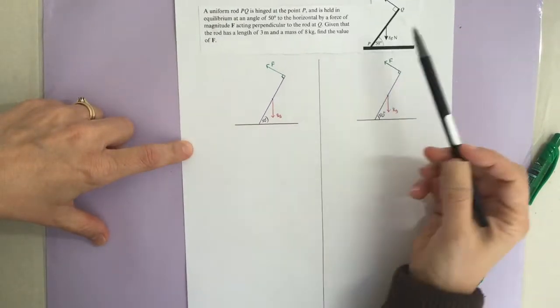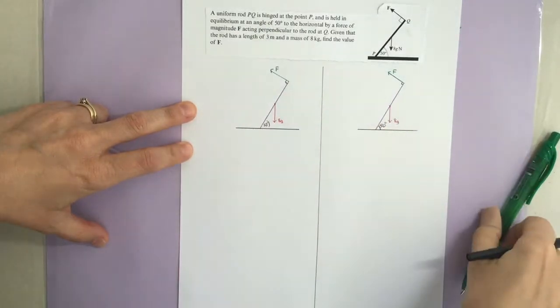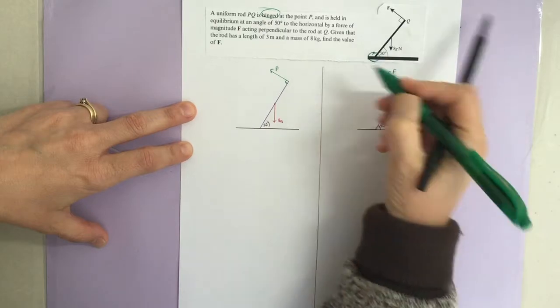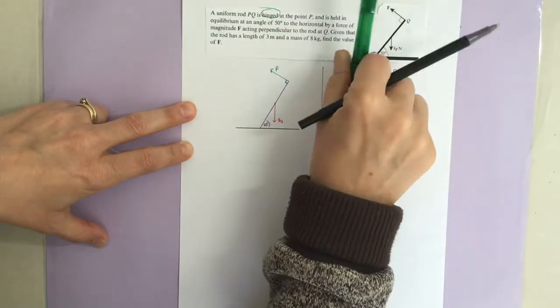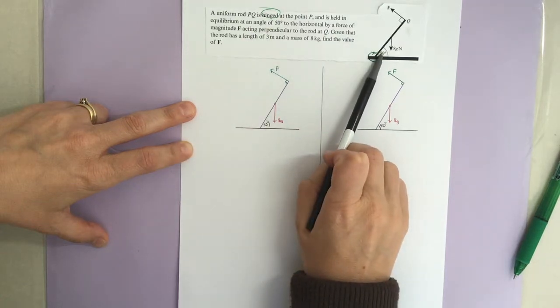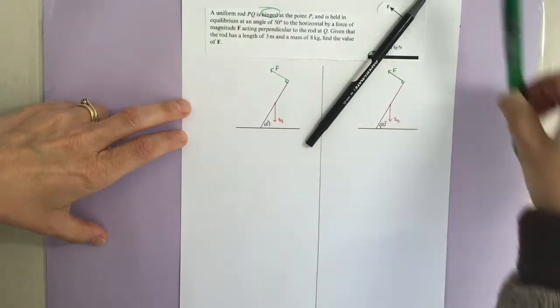So we've got a uniform rod, PQ. It's hinged, so there's that word straight away. It's hinged at point P, so there's something going on here at P because this thing is hinged at that point. And it's held in equilibrium at an angle of 50 degrees by this force here.